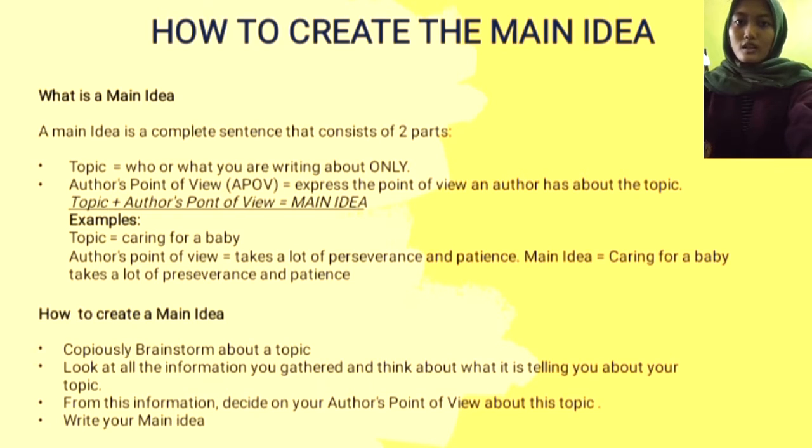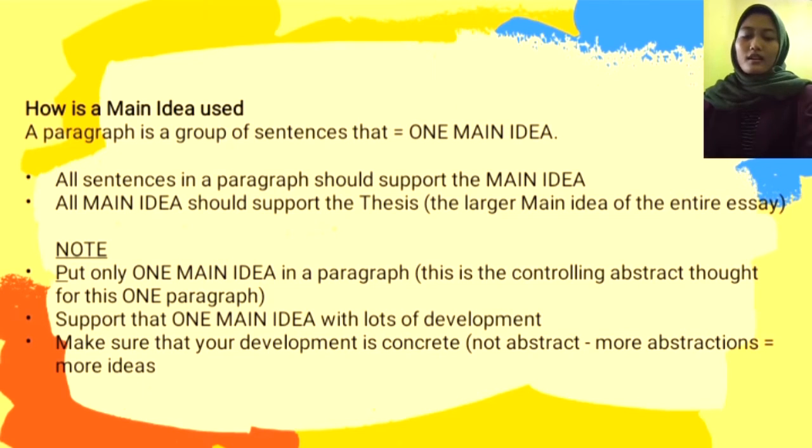The fourth is to write your main idea. Next, how is a main idea used? A paragraph is a group of sentences about one main idea. Number one, all sentences in a paragraph should support the main idea. Number two, all main ideas should support the thesis or the larger main idea of the entire essay.